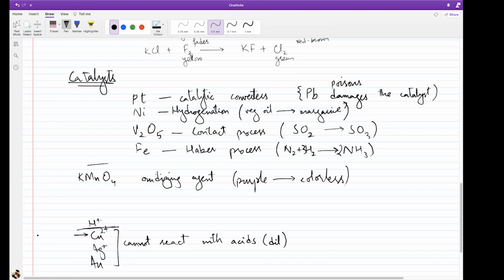And copper only reacts with concentrated acid. Just remember that. With weak or dilute acids, these things will not be able to react, which is why gold is such a precious metal. One of the reasons is that even if you put it in acid, it's possible that with weak or dilute acid, it will stay intact. But there are acids that we have made that will react with it.